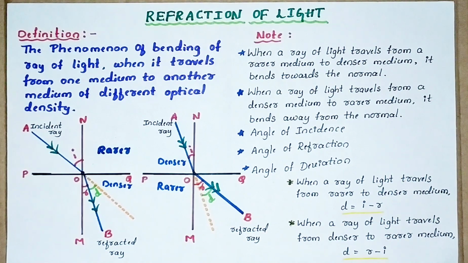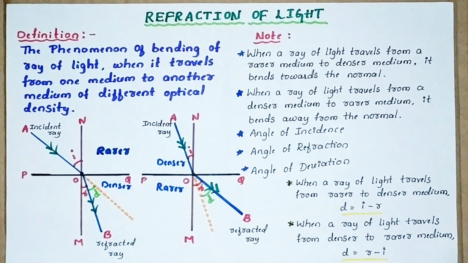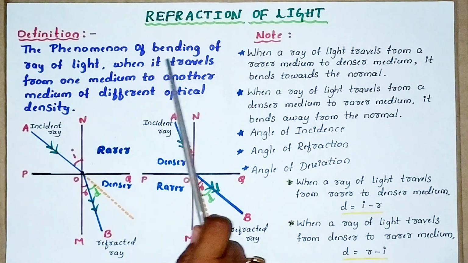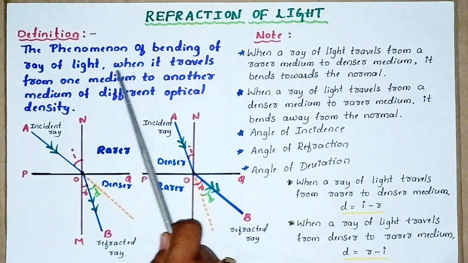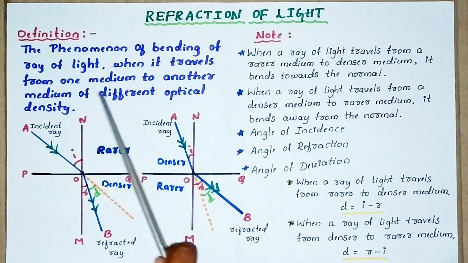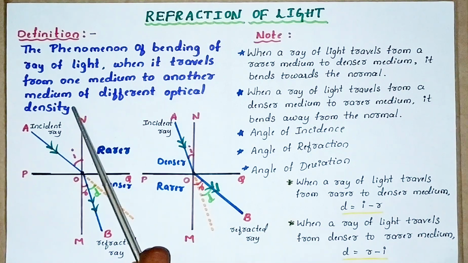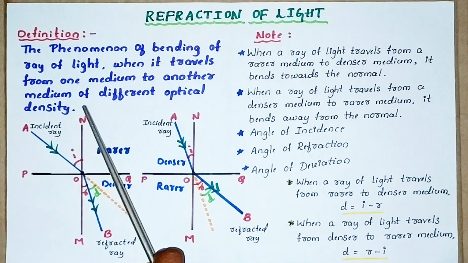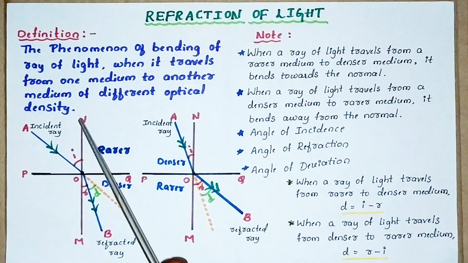So you can listen very carefully here. Now we can define refraction of light. So what is refraction of light? The phenomenon of bending of a ray of light when it travels from one medium to another medium of different optical density. Remember, optical density is not related to mass. It is related to the speed of light.